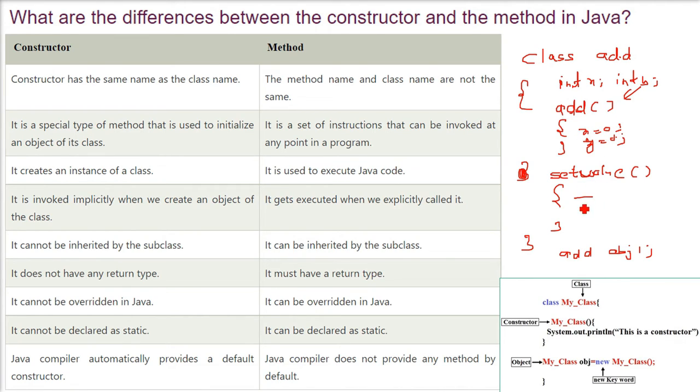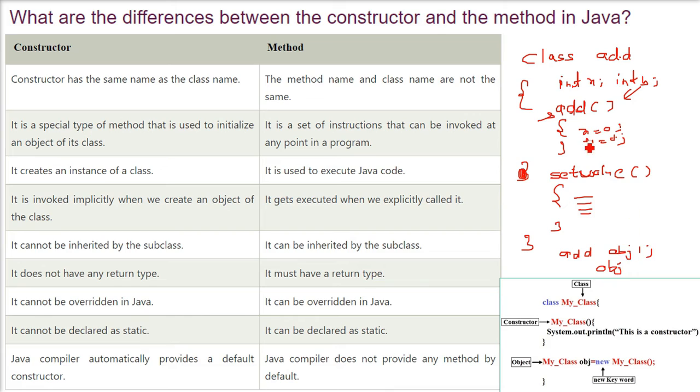But a method is just certain instructions in Java or C++ that you want to execute. That will fulfill the action you want. That is the work you want to do by this class. This constructor is more related to the programming language, and set value or any other function which you make is more related to you as a user.